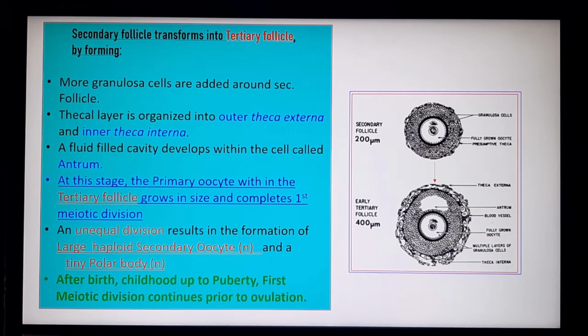At this stage, the primary oocyte within the tertiary follicle grows in size and completes the first meiotic division.